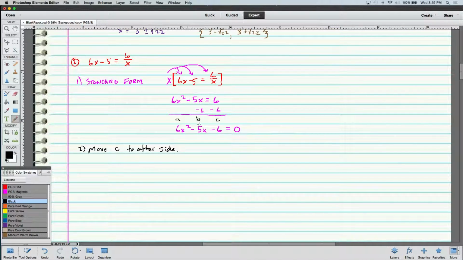And like I said, if you noticed that this already had the C on the other side, you could have just skipped this step and gone on down to step number 3. But we put it in standard form anyway, so let's move the C back over to the other side. So we're going to be left with 6x squared minus 5x equal to 6.